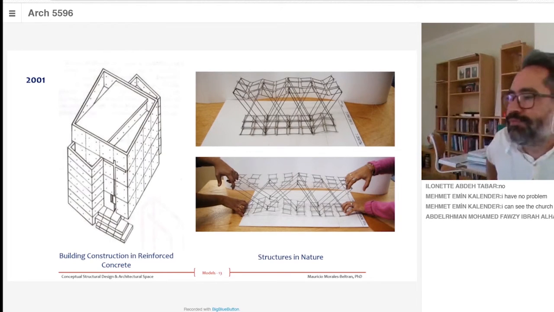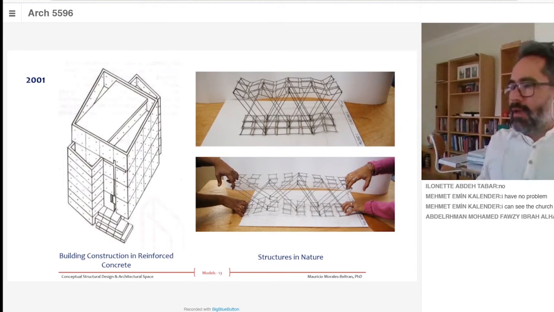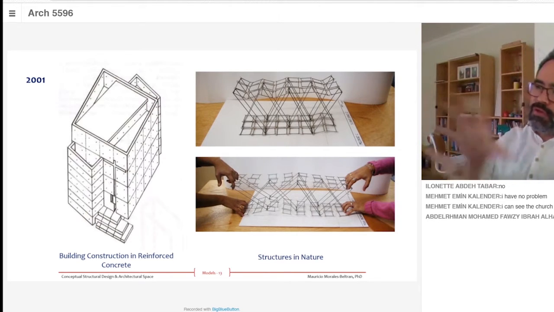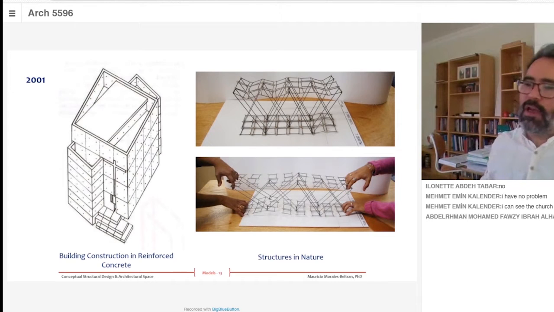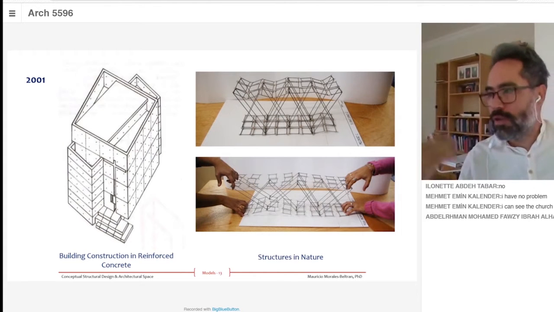So these were more or less the courses as they were. Then I started to think: why do we need to keep one course with a lot of technical knowledge and the other in an experimental way? What happens if we start combining them? I realized that the students were really sleeping when we were talking about concrete, and much more awake and interested when we were talking about these models.